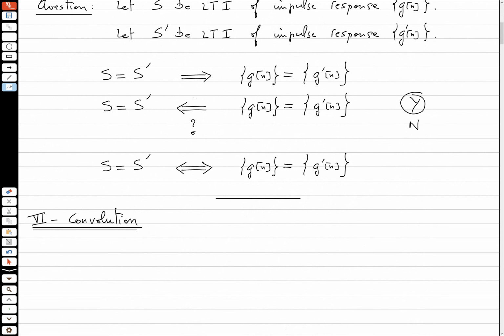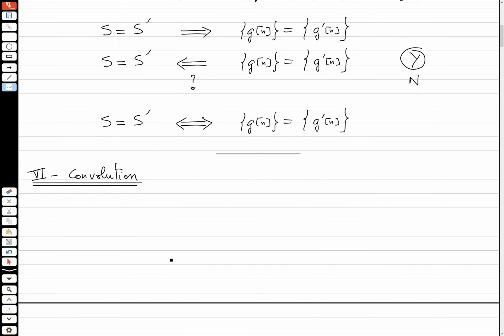All right, so we're going to forget about LTI systems for a while, but we're going to focus on the formula of convolution, because since LTI systems will reappear until the end of semester, this convolution operation is going to be all over the place, and you must master the properties of convolution.